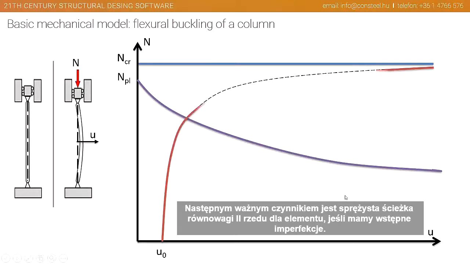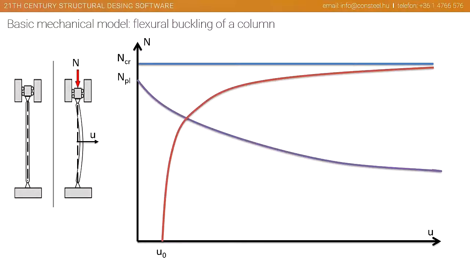The next important one is the second order elastic equilibrium path of the member of this cross section if we have some initial lateral imperfection.